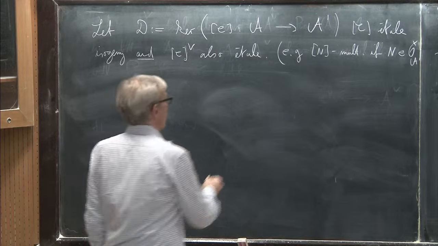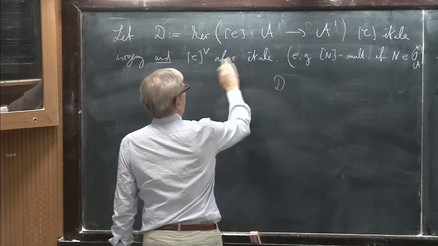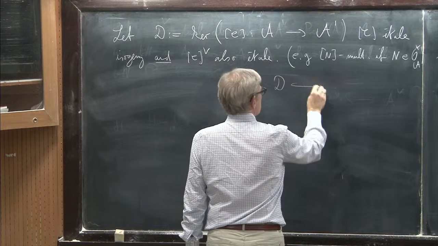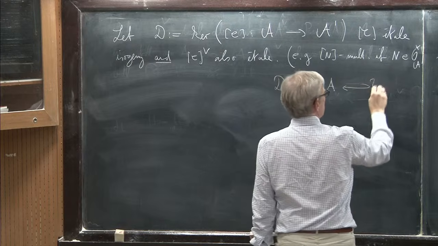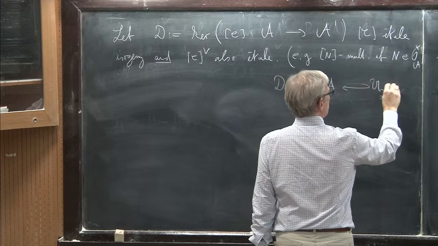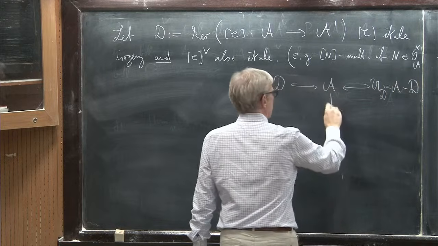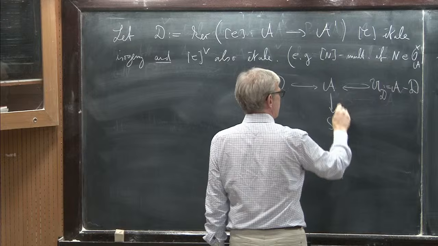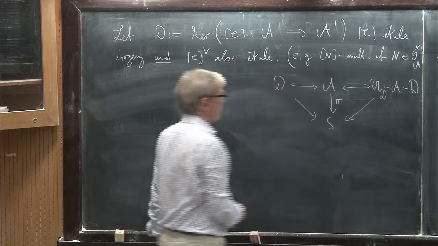Okay, so we have the following situation. We have this is then finite étale, and this sits in A, and we have also the complement here, which we call UD. This is the complement of this, and this sits over our S, and we have such a diagram.